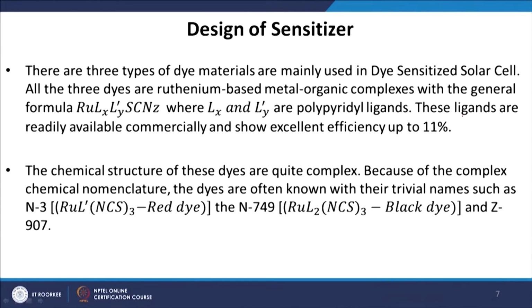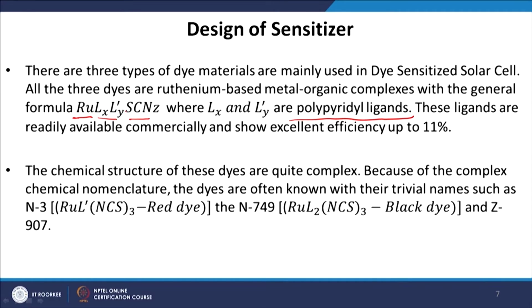Now, while designing sensitizers, there are 3 types of dye materials mainly used in this kind of solar cell. All 3 dyes are ruthenium based metal organic complexes with the general formula Ru L_x L'_y SCN_z, where Ru stands for ruthenium, and L_x and L'_y are porphyrin based ligands.